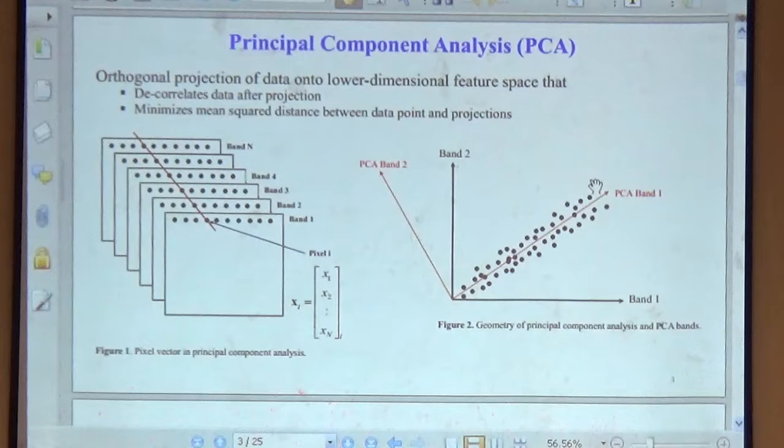So there is a spectral neighborhood and there is a spatial neighborhood. So we talk about correlations in natural signals, which can be images, which can be speech signals.